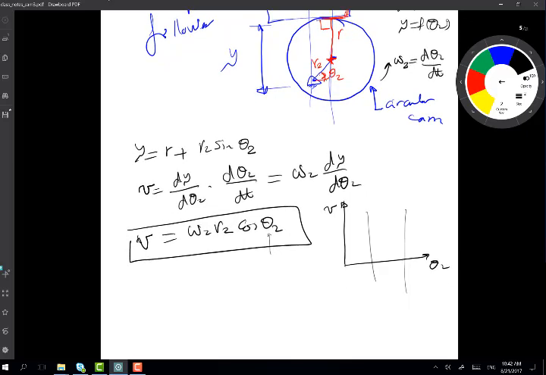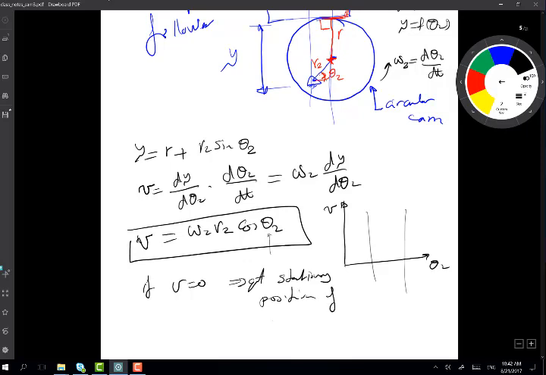Okay, so to find the extreme positions, as I said, if v equals 0, we get the stationary positions of the follower and get the follower rise, right? So you can tell that's a sine, and you can plot a cosine curve, no worries at all.